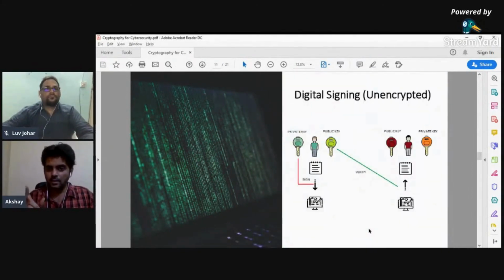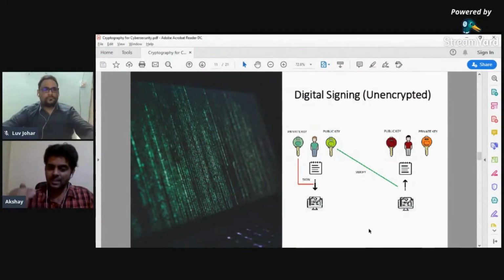Now in digital signing, if I am sending a message, a digital signature is generated for this message along with it. I am signing, or generating, this digital signature through my private key, and B can use my public key to verify whether this has been sent by me or not.